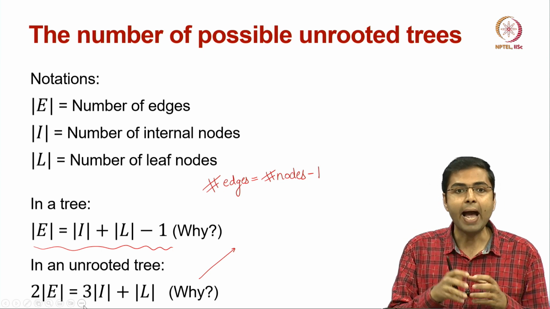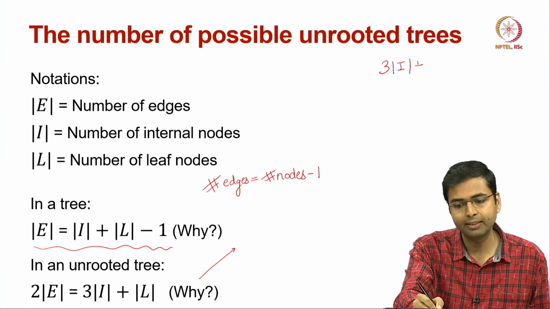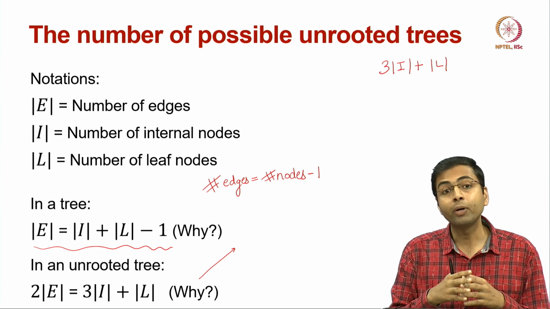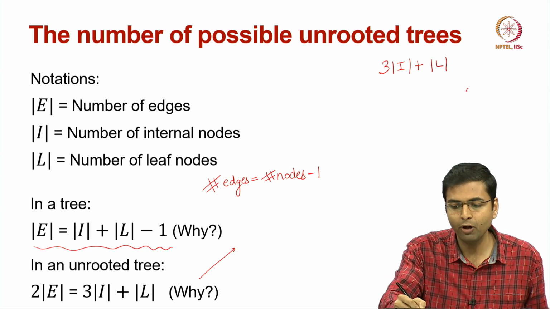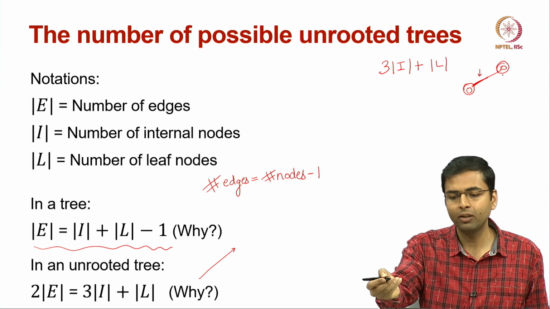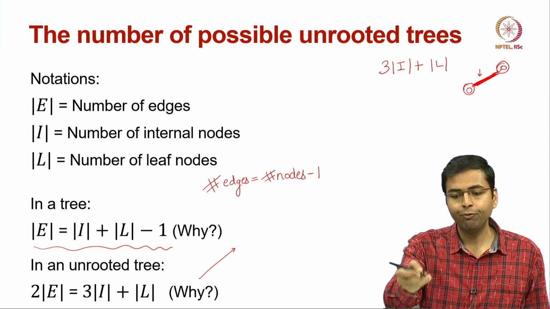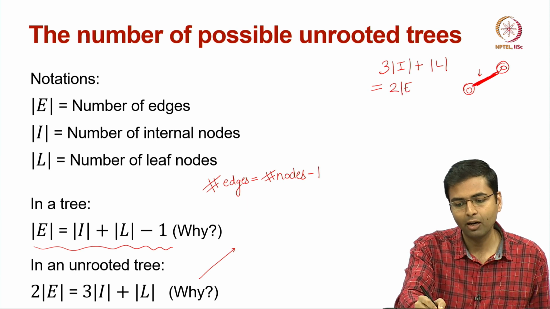If you add up the degrees, 3I plus L, you are counting each edge twice, because when you add the degree of one end node you count the edge, and when you count the degree of the other end node you count the same edge again. Therefore, we can write this as 2 times the number of edges.